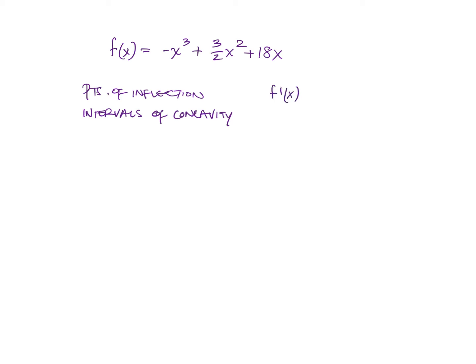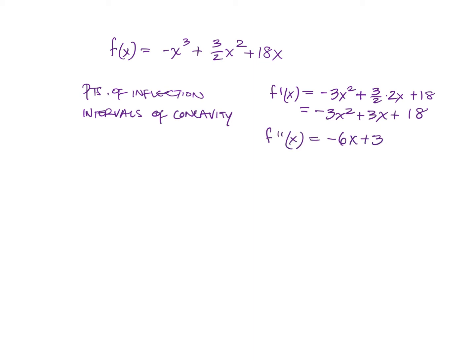So we have f prime of x is equal to negative 3x squared plus 3/2 times 2x plus 18, and that can be simplified to negative 3x squared plus 3x plus 18. That's our first derivative. And then our second derivative is equal to negative 6x plus 3. And so our possible points of inflection are where the second derivative equals 0.